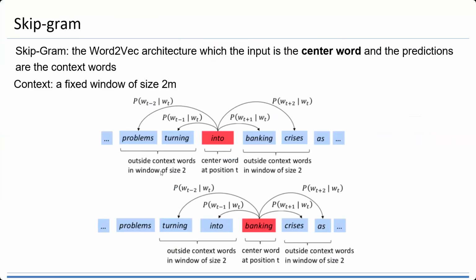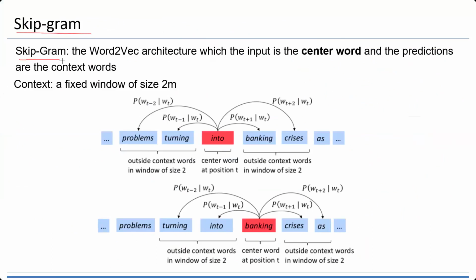So the word co-occurrence is the starting point when we want to make another representation. There is another representation we call skip-gram.